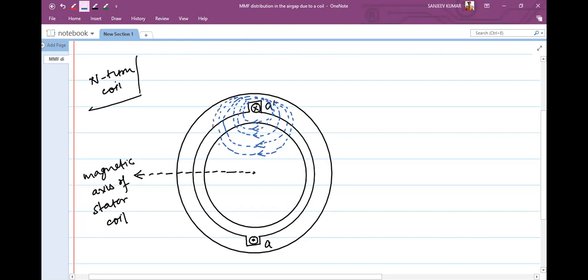Let us draw one more flux line like this. Now similarly, if we talk about this position, the current is coming out of the screen. Therefore, the magnetic field lines will be like this. It will be like this only.